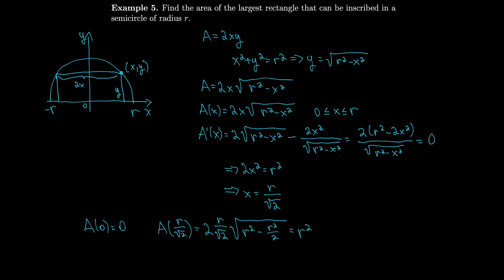So that's r squared. And then if we plug in r, we get 0, because r squared minus r squared would be 0, so y will become 0. So it looks like this is where our maximum will be. R squared is the maximum area.